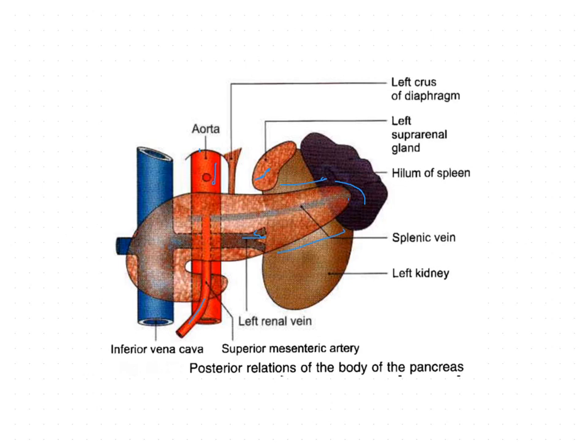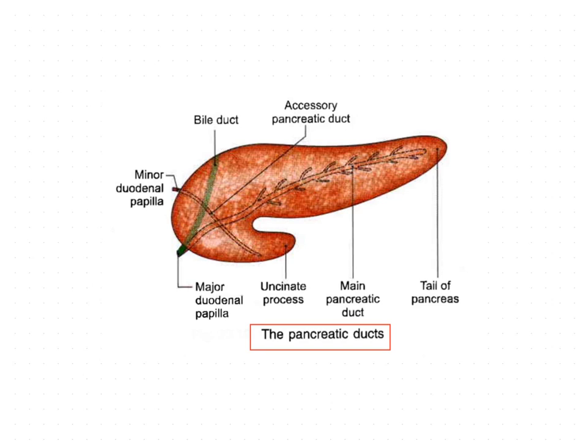If you see the duct system of the pancreas, there is a main pancreatic duct inside the posterior part of the pancreas. It starts from the tail end and runs towards the head, receiving tributaries at right angles and becoming larger in size.